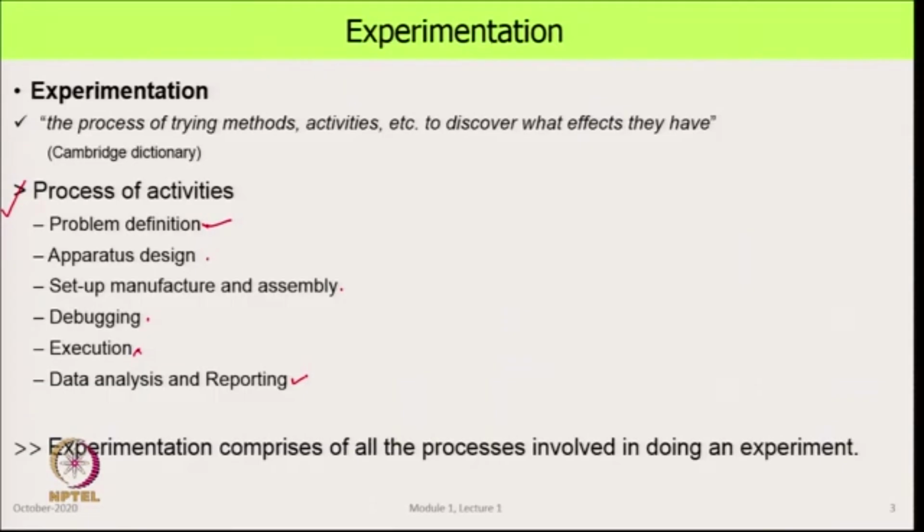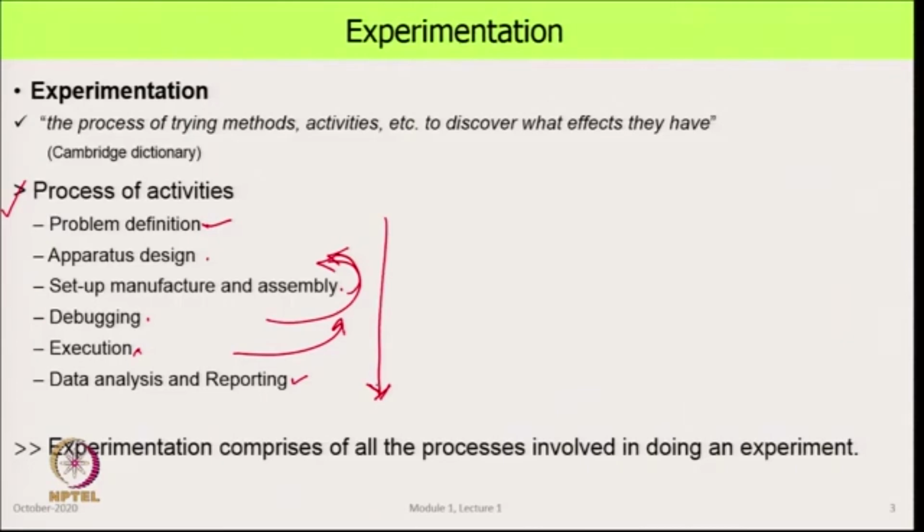So, all these activities usually go in a single direction, but there are times when for various reasons of manufacture we need to go back and change the design. Debugging says, well, you need to take a different instrument. Execution says that, well, change the data acquisition software slightly.